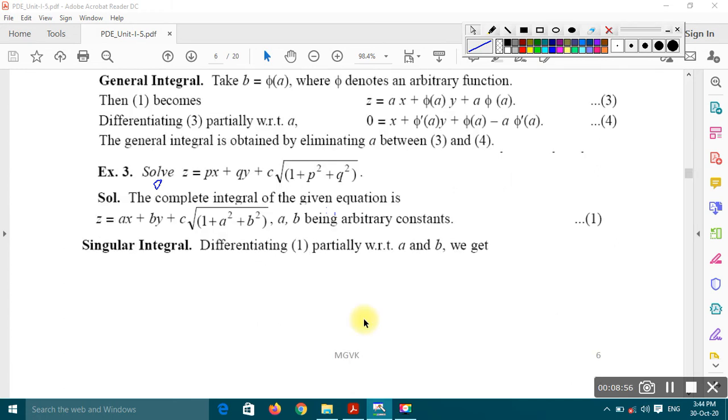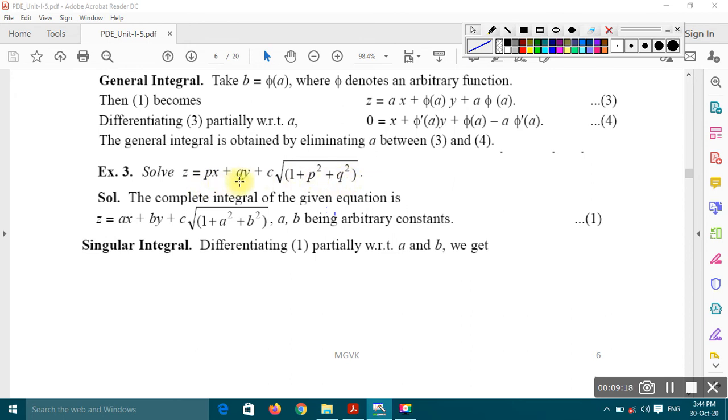Now come on to the next problem. Our next problem is: you have given z is equal to px plus qy plus c square root of 1 plus p square plus q square.